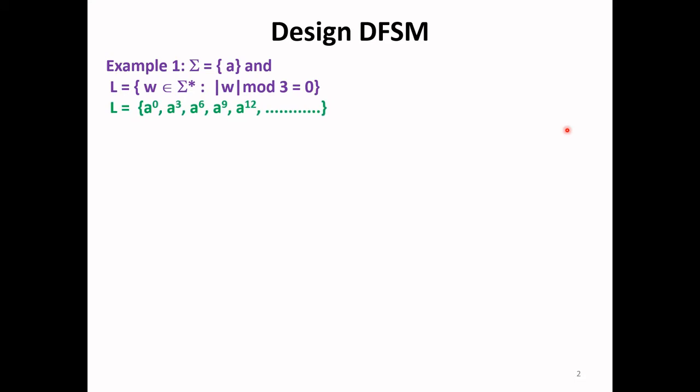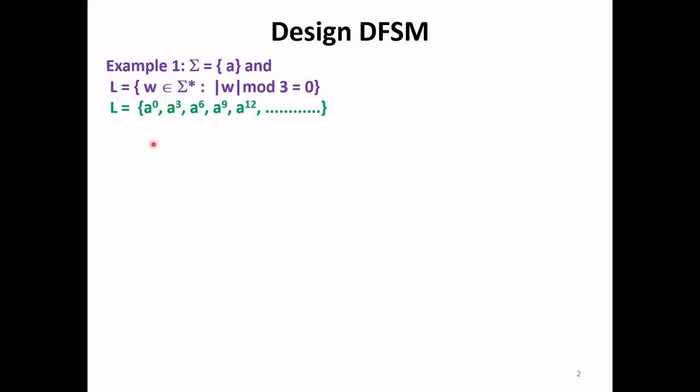Then the possible strings in this language are a raised to 0, a raised to 3, where 3 a's mod 3 has remainder 0, a raised to 6, a raised to 9, a raised to 12 and so on.